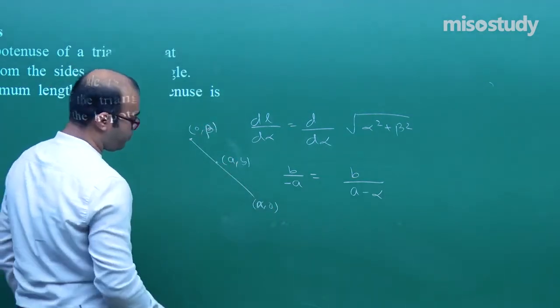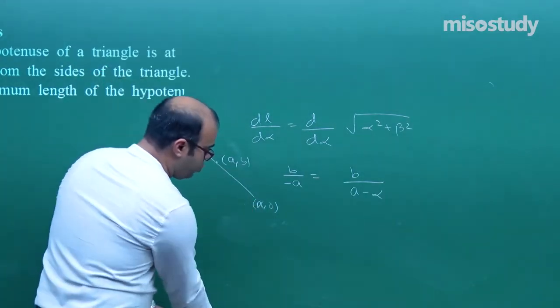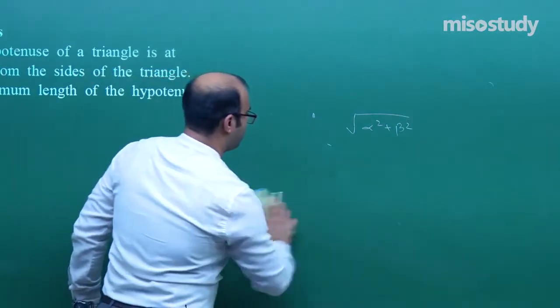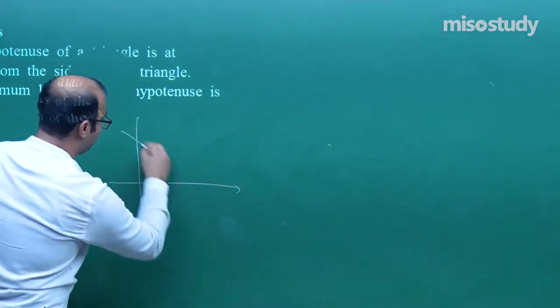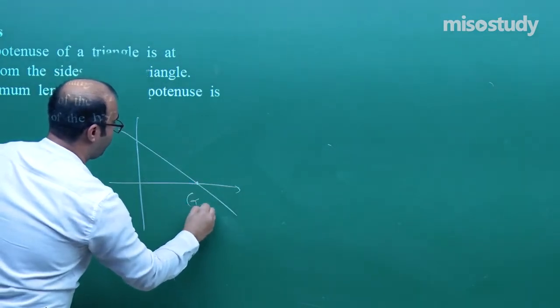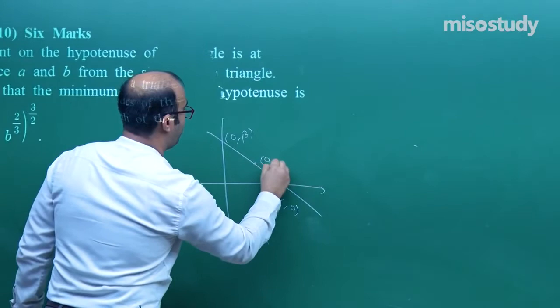So here, let us do the calculation, no problem. Sometimes calculation drives us crazy, so don't worry. This point we took as alpha comma 0, this point is 0 comma beta, and a comma b is on this hypotenuse.